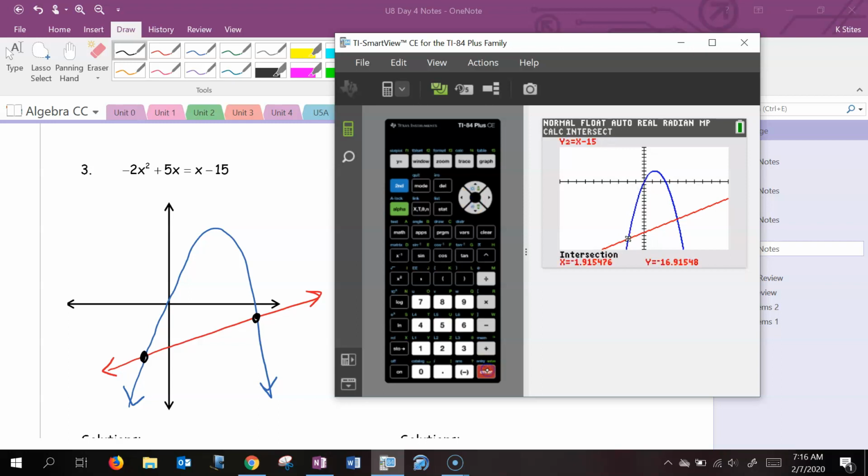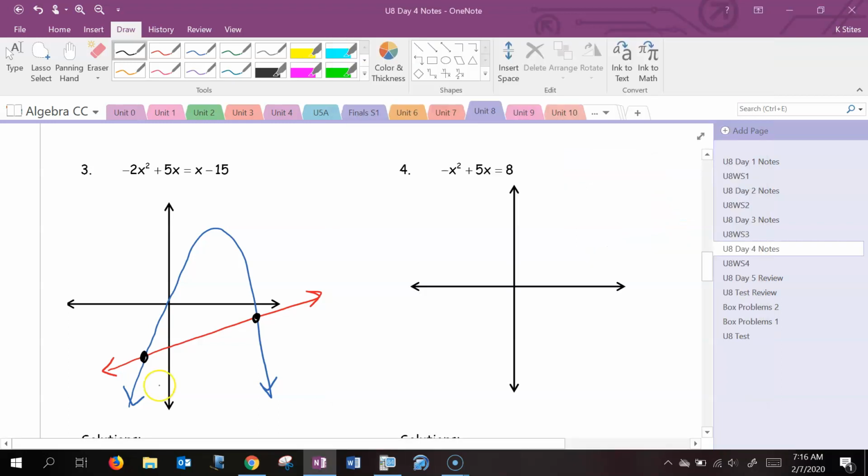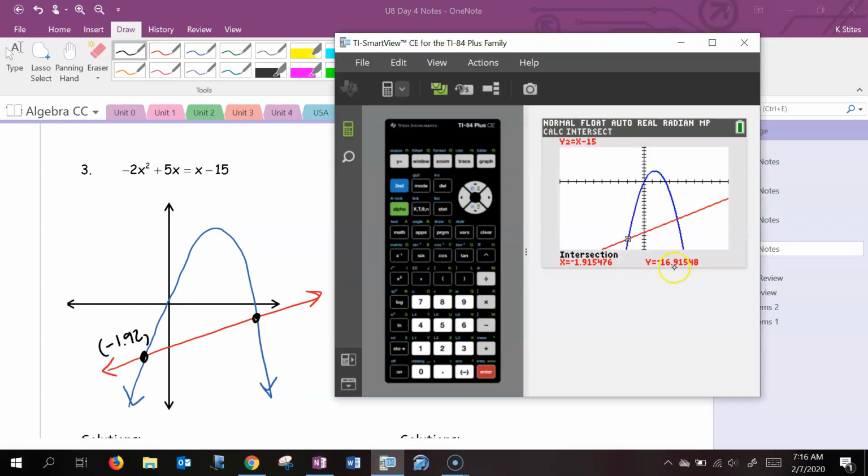Enter, enter, enter. Okay, this one we will round, so let's be careful rounding to the nearest hundredth. This is a -1.9, and it's a 1 here, but there's a 5 next to it. So we're going to change it to -1.92, comma, we have a 9.1, but there's a 5 next to it, so this is a -16.92.